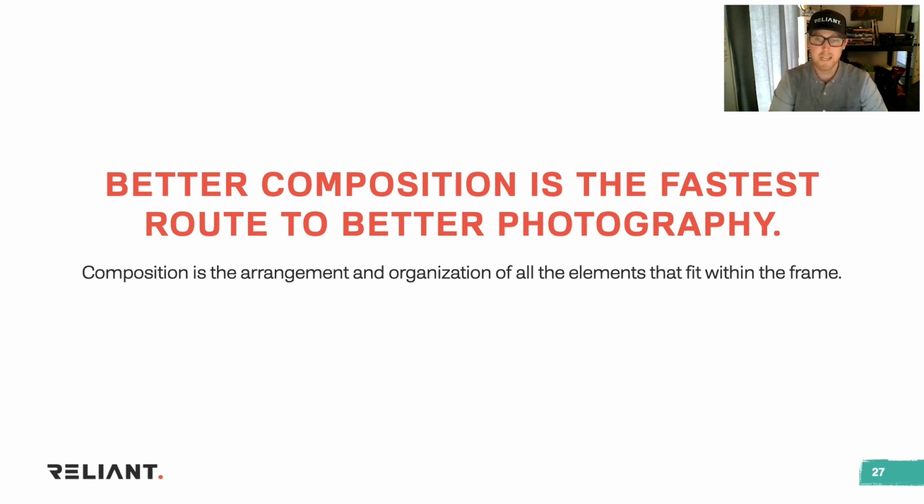So don't be afraid to exclude elements in a frame or in a scene and cut things out of your frame, as those elements can often become distracting pieces in your final photo. So it's okay to move into a scene and remove things from that scene so that you have a greater focus on your subject. But keep that in mind when you're looking at your composition. How can I fill the frame?